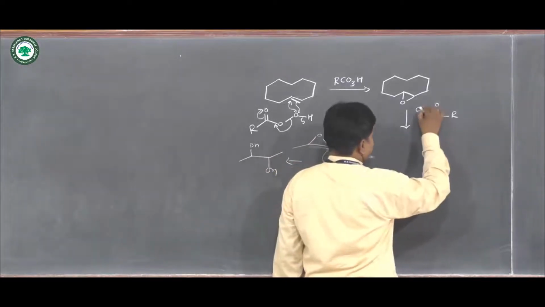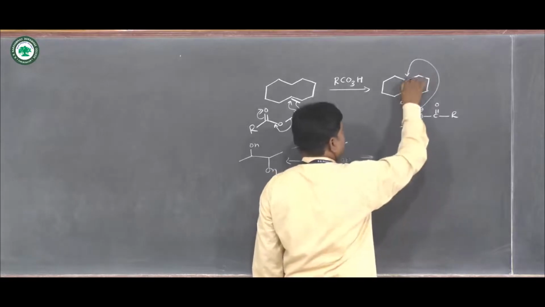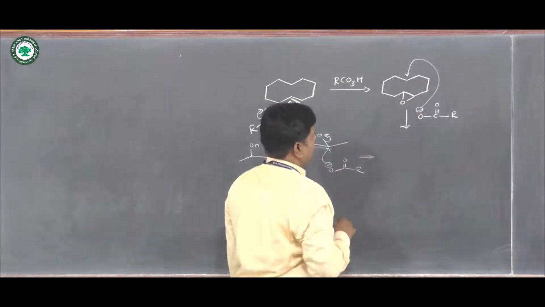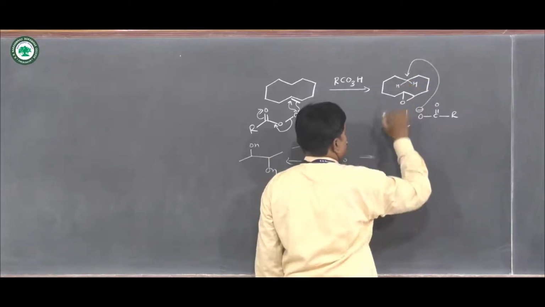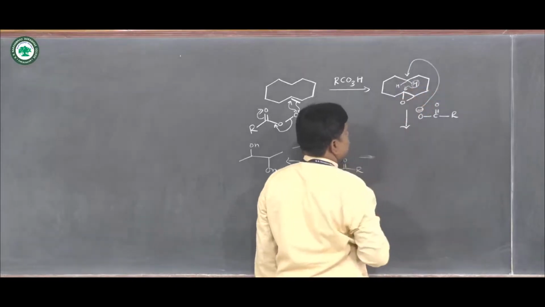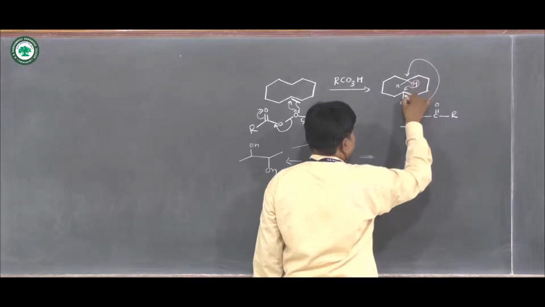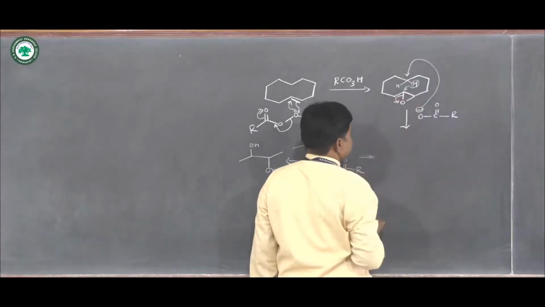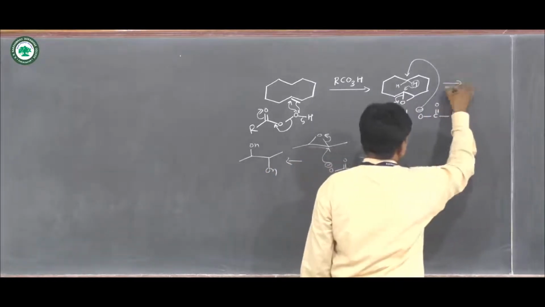Here this acetate ion will attack first on this carbon atom. Why? Because this carbon atom is very close to this one, so if we transfer this proton onto this carbon atom, the epoxide ring will open from this side, and we get a different product like this.